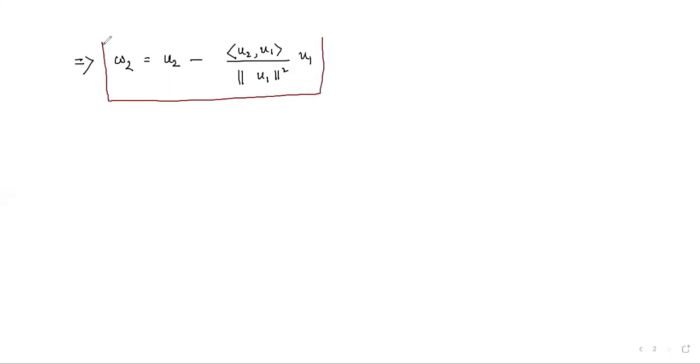And from there, we can write W2 to be U2 minus the orthogonal projection of U2 along U1, which is same as inner product of U2, U1 divided by norm U1 square multiplied by U1. So we have got the second vector W2, which is orthogonal to the vector u1. This vector is orthogonal to w1, which is same as u1.